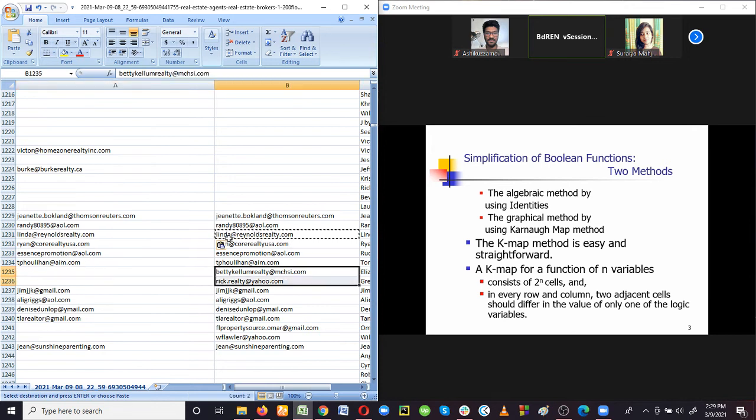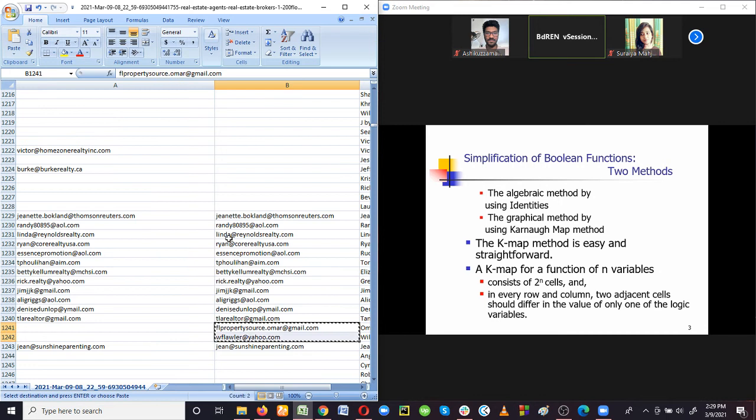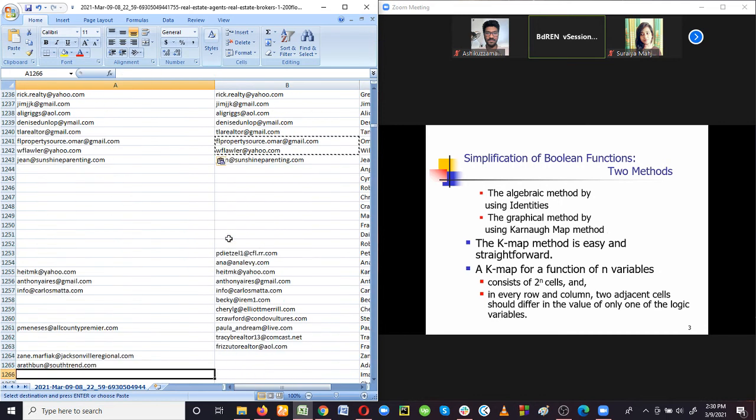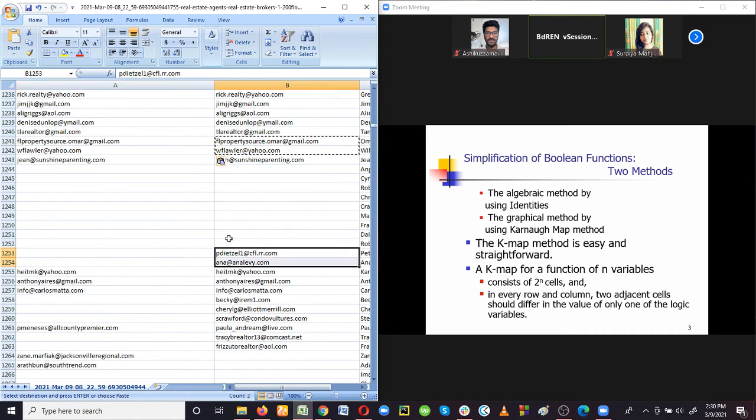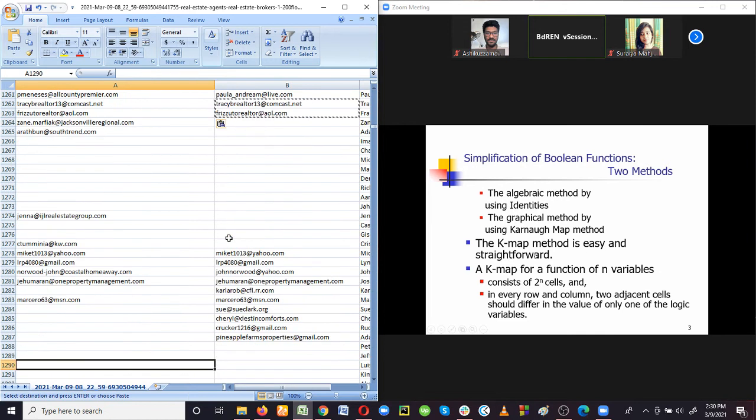The Karnaugh map is shortly denoted by K-map. If I say K-map, you have to understand this is the Karnaugh map. The K-map method is easy and straightforward.